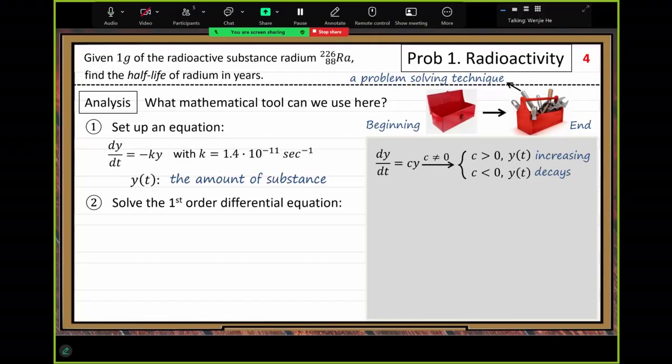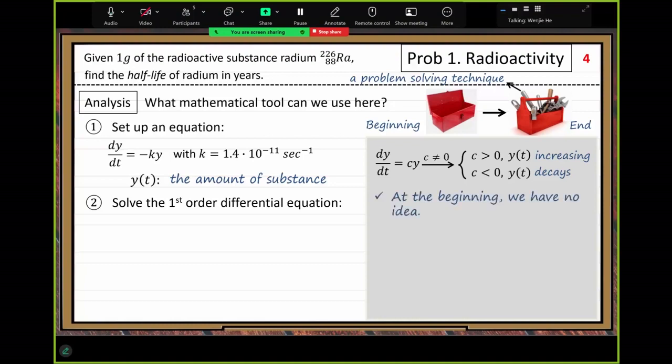So for positive C, we can call it a generalized decay model. Things like that.